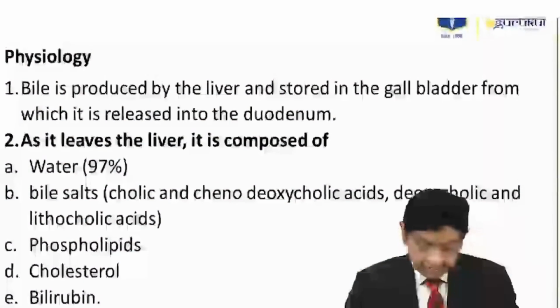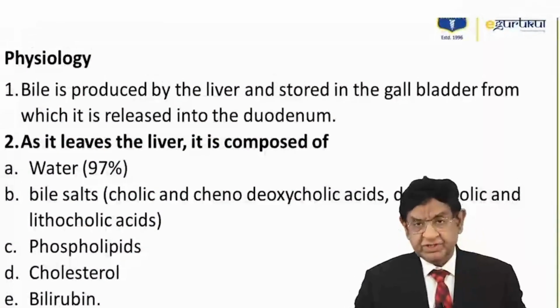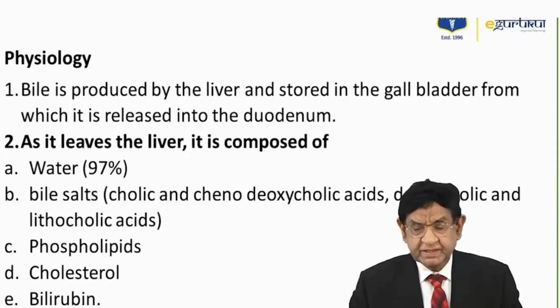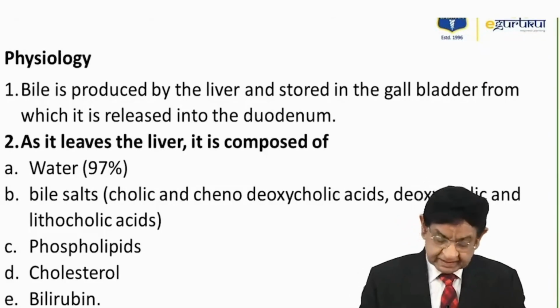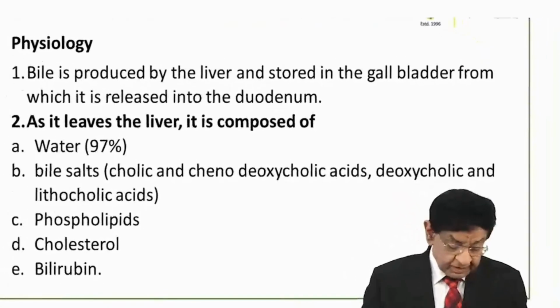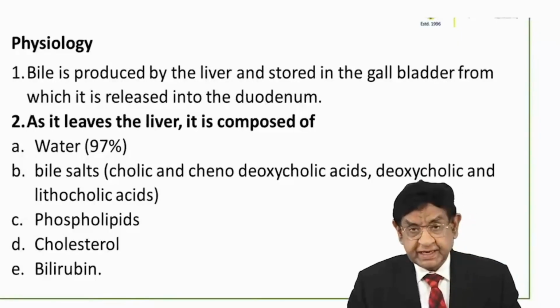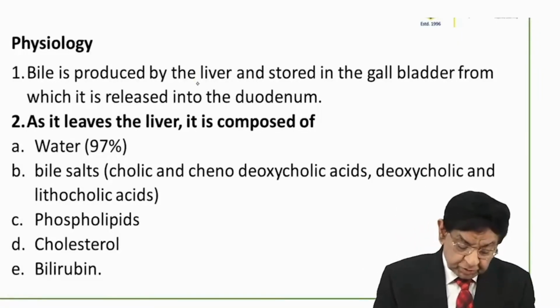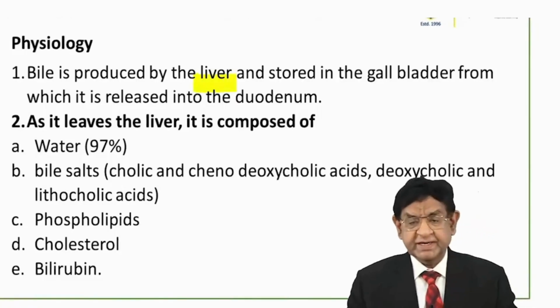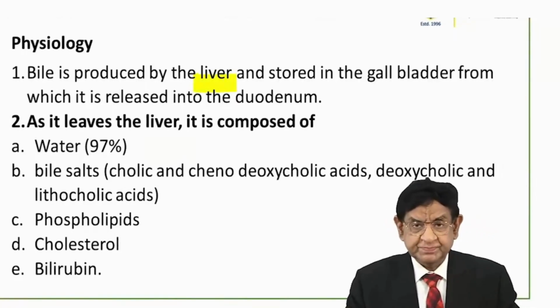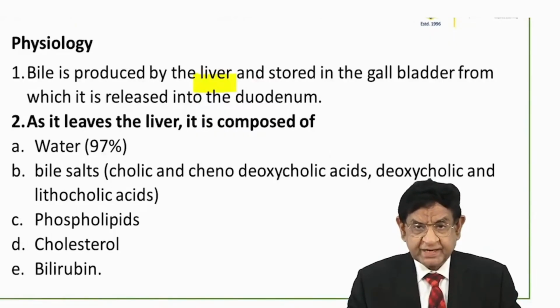Now we talk about some bit of physiology of gallbladder, without which you will never understand the subject properly. Well, it is true that bile is produced by the liver. This we have read in our physiology of liver. And we also know that ultimately bile canaliculi come to the bile duct.